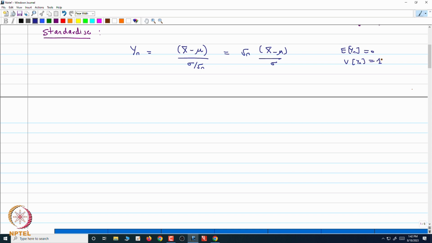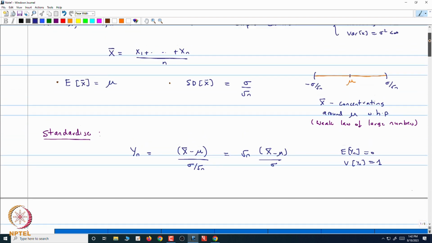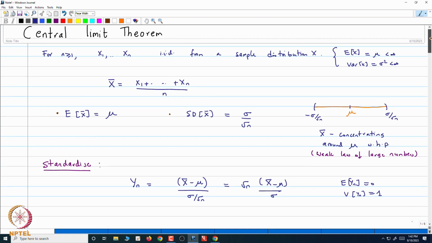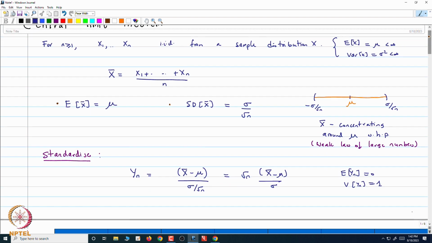Since I have taken a very general x1, x2, ..., xn, it is hard to find the distribution of Yn. So, it is hard to compute the precise probabilities concerned with Yn.